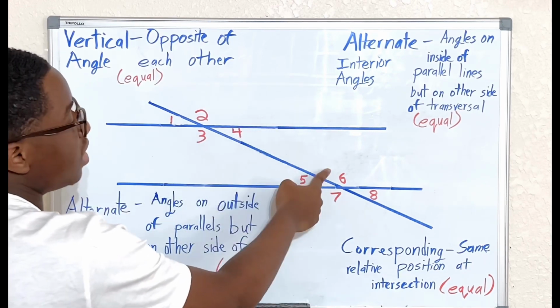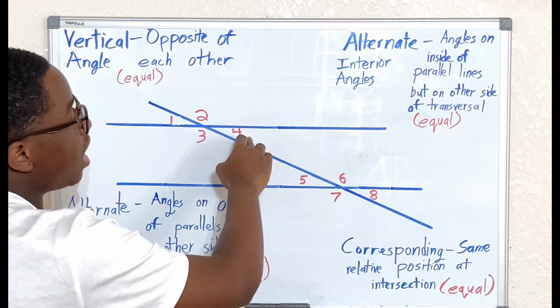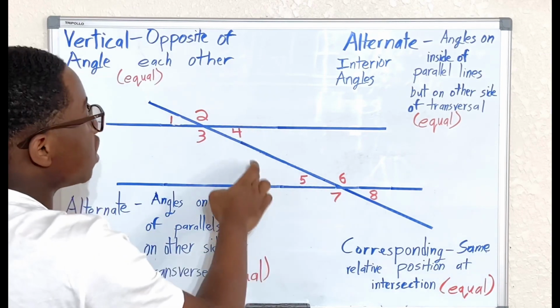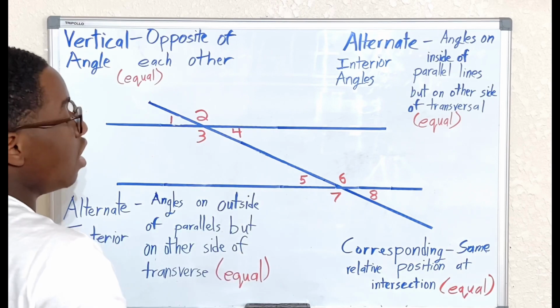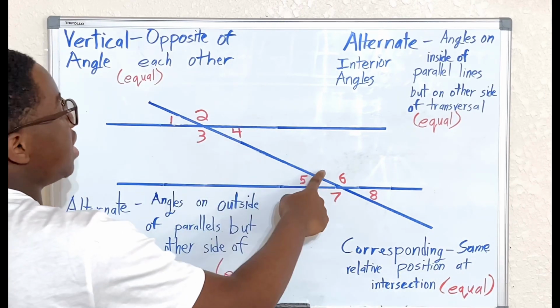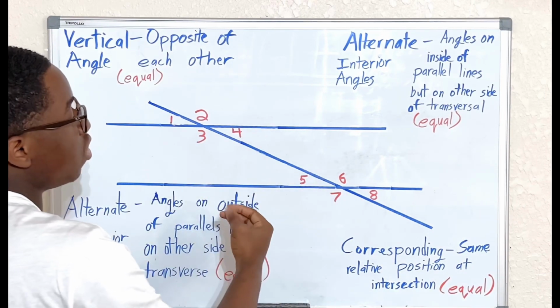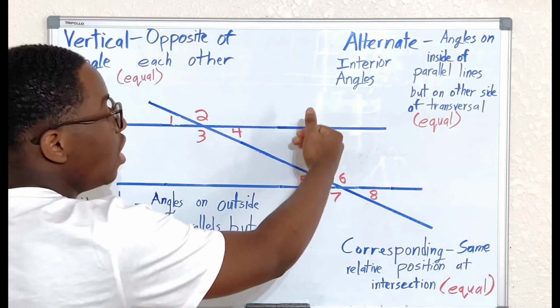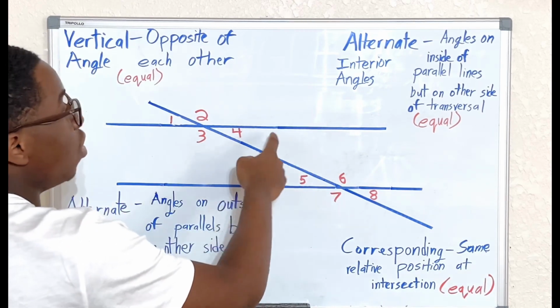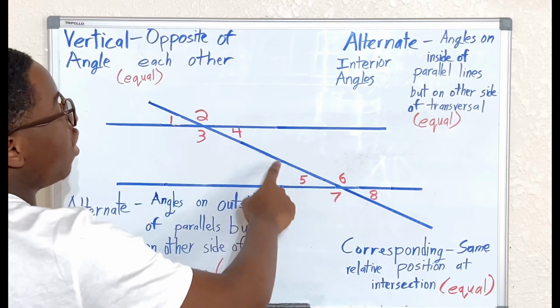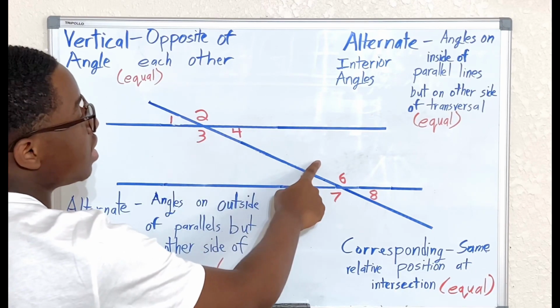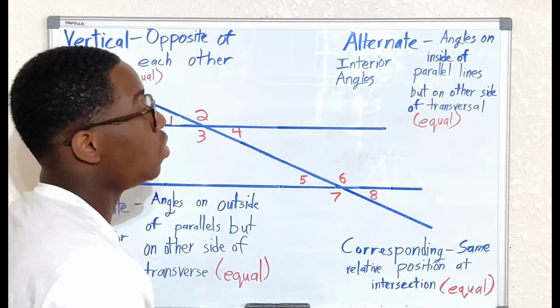So it won't be 4 and 6 because 6 is still on the same side of the transversal as 4. So it would be 4 and 5. Now the other one, you guessed it, would be 3 and 6. 3 is on the lower side of the transversal, while 6 is on the other side of the transversal. So alternate interior angles would be 4 and 5, as well as 3 and 6. Now these angles would be equal to each other.